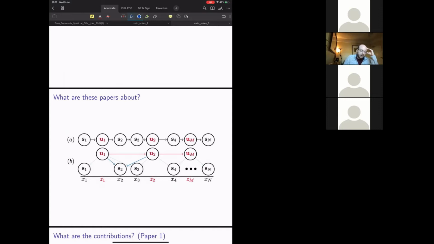is that, let's say we've got a GP, and for the sake of argument, we'll say it's a Matern 3/2 kernel, which is a fairly standard Matern kernel.